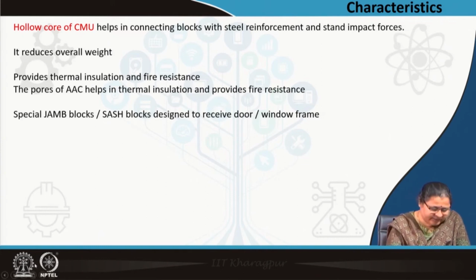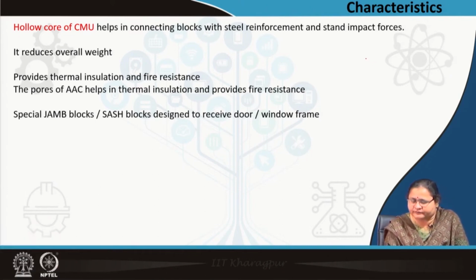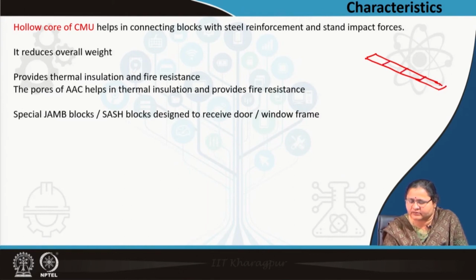So, you can have a set of hollow blocks placed with their webs, etc., and you can have a wall being made of it.